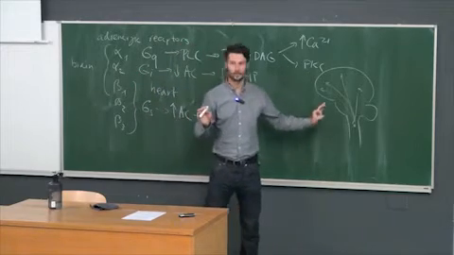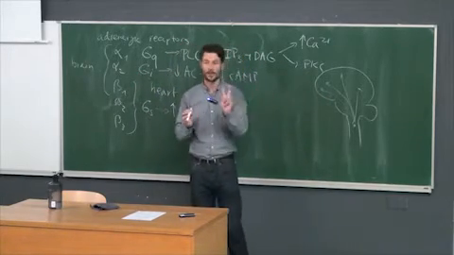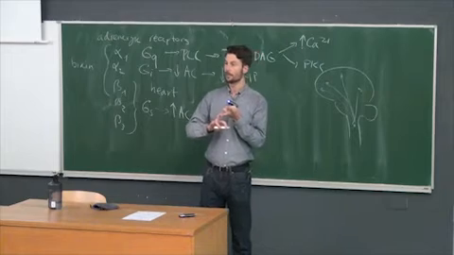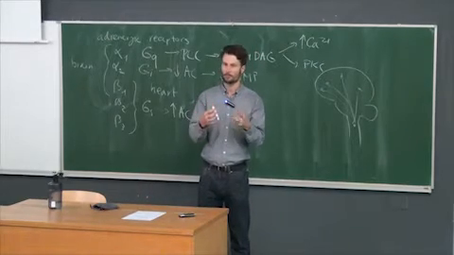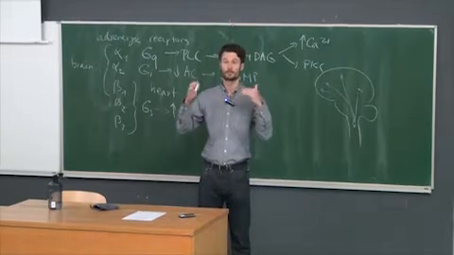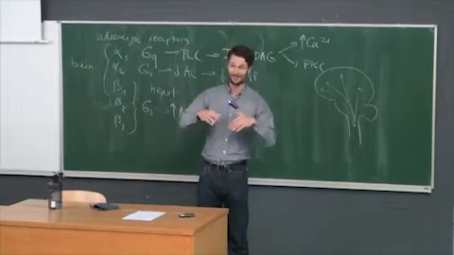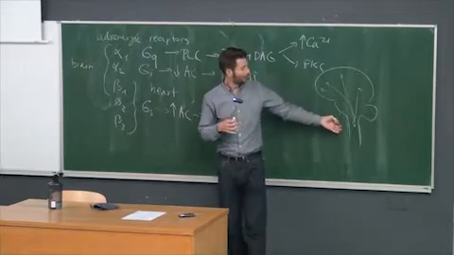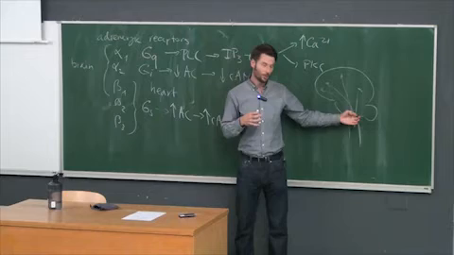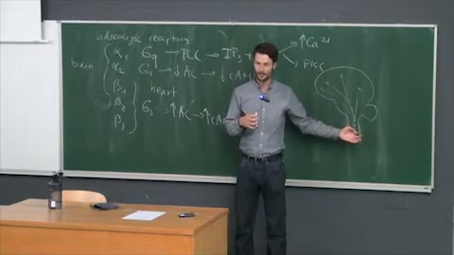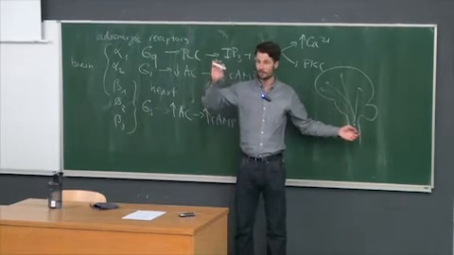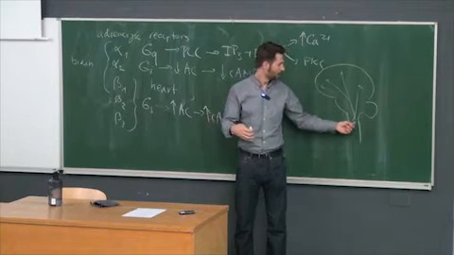And they have 2 main roles. One is they regulate mood. If we're happy, if we're sad, that's what noradrenergic neurons do, at least partly, and we'll talk a little bit more about that in the second pharmacology lecture.